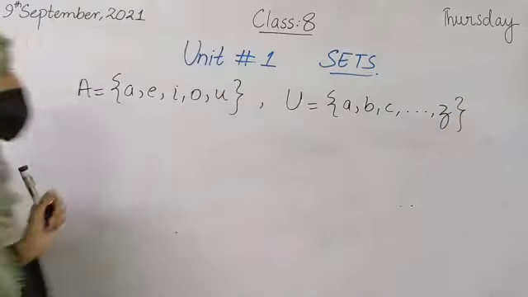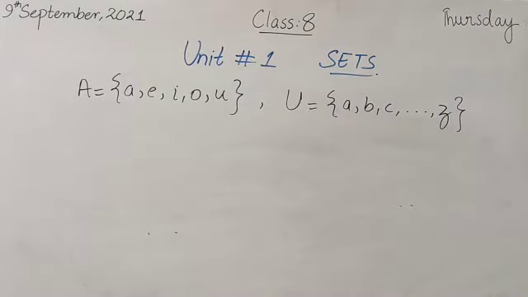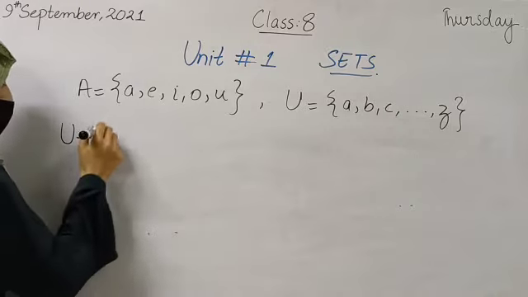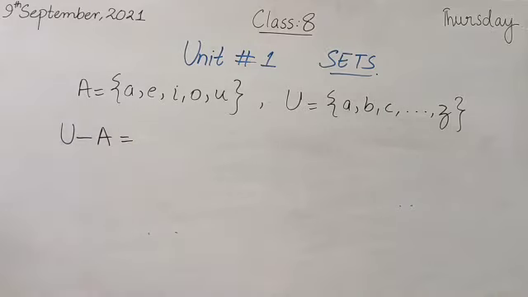Okay? Then their difference is called the complement of a set. Their difference, for example, U minus A. U minus A is A complement. If there is set B, then U minus B is set B complement, and so on.